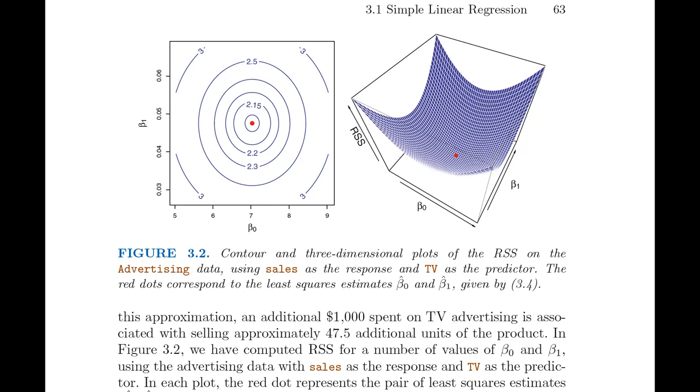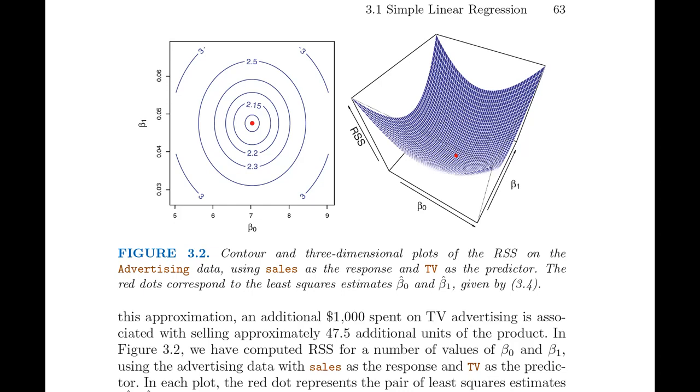Even if the relationship between your variables, your predictor variables, the input variables, and your output variable is indeed perfectly linear, the data available usually isn't entirely comprehensive or entirely factual.